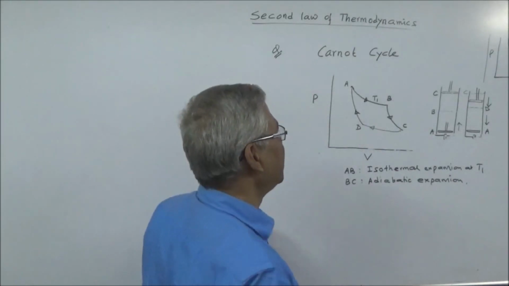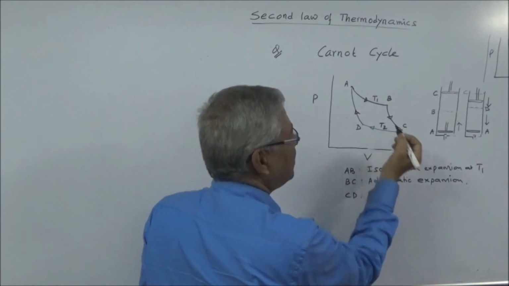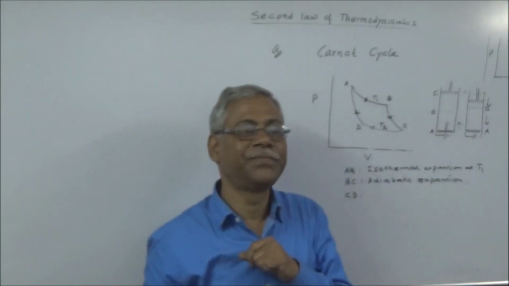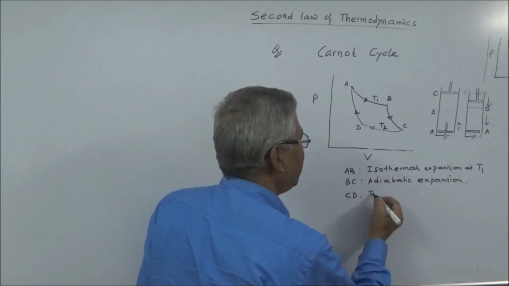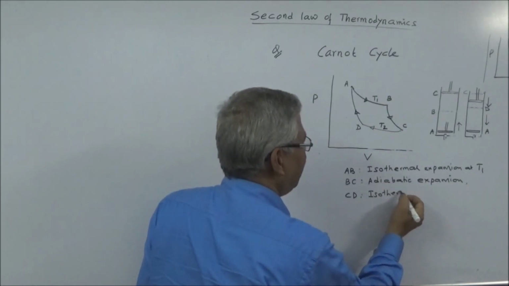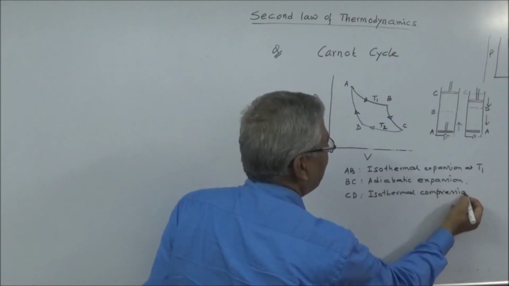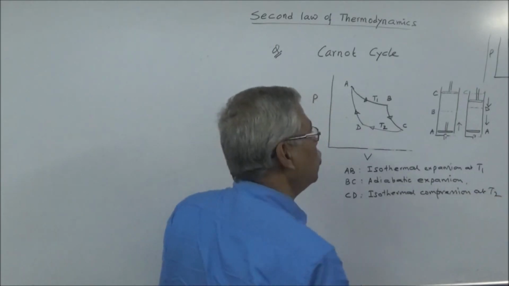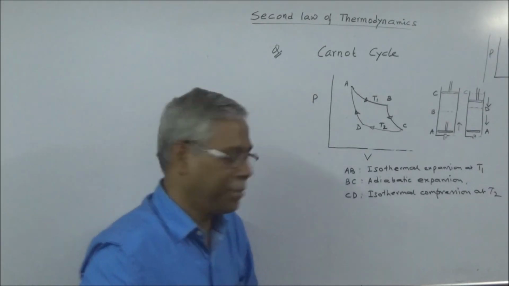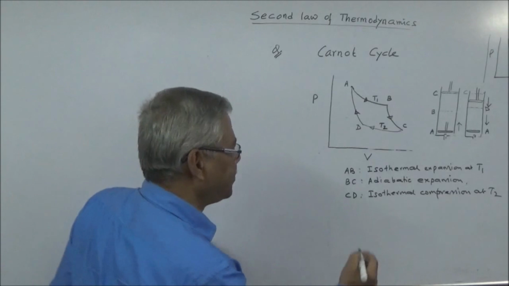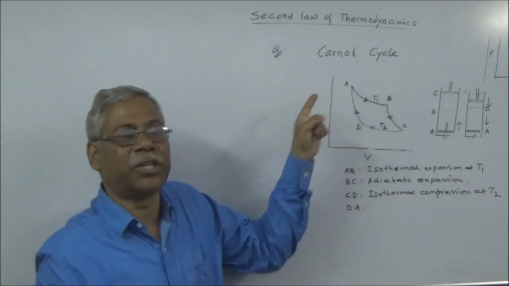Then CD, at what temperature? T2. CD is isothermal compression at T2. Then DA is adiabatic compression.